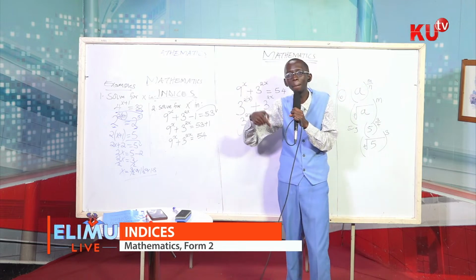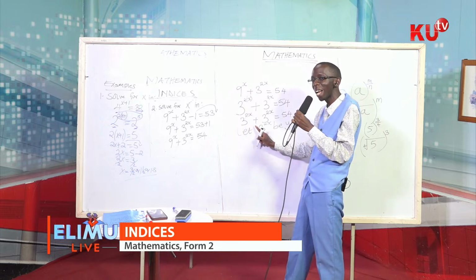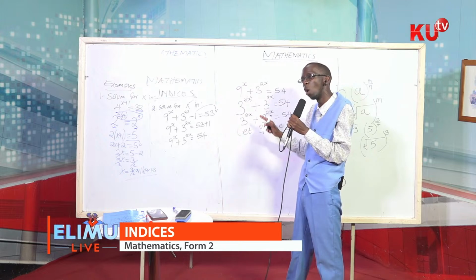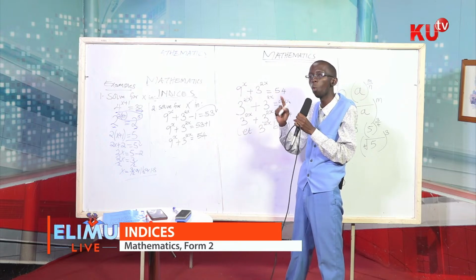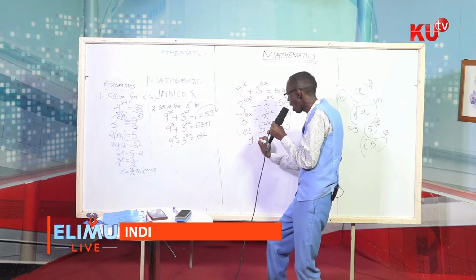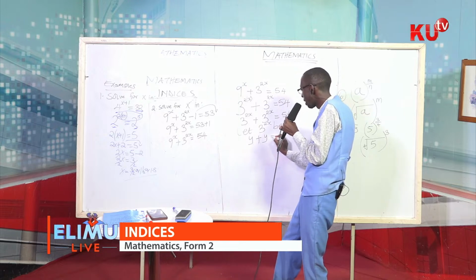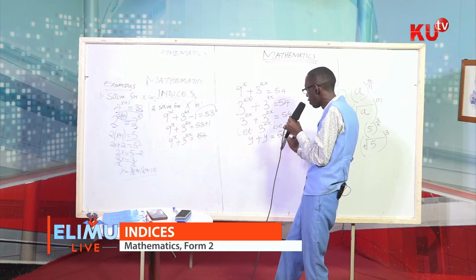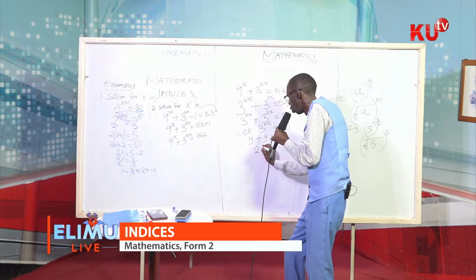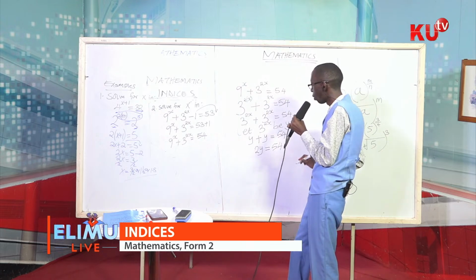So when we come back to our question, which was 3 to power 2x plus 3 to power 2x, where we have 3 to power 2x, we will substitute with y. So y plus y is equal to 54. That is 2y is equal to 54.